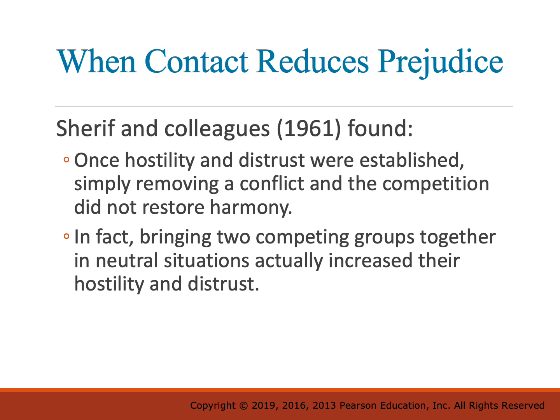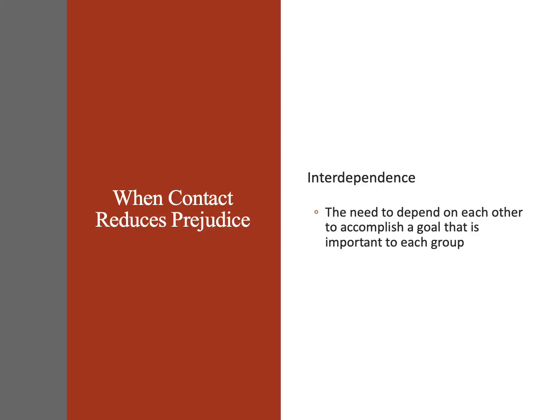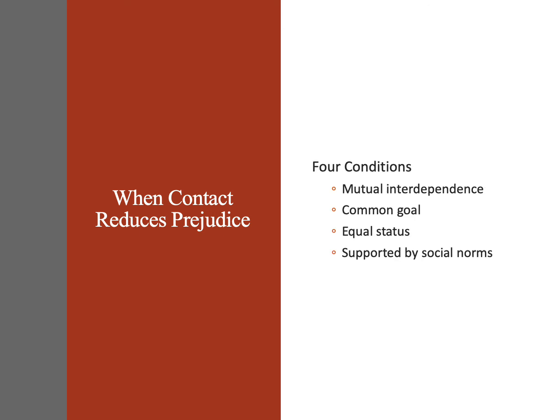In fact, just bringing the two groups together in a neutral situation would increase their hostility and distrust of one another. But what did they find? Well, they found that when there was interdependence, then the contact would reduce the prejudice. That is, when there was a need for the groups to depend on one another to accomplish a goal that was important to both groups, then that would reduce the prejudice.